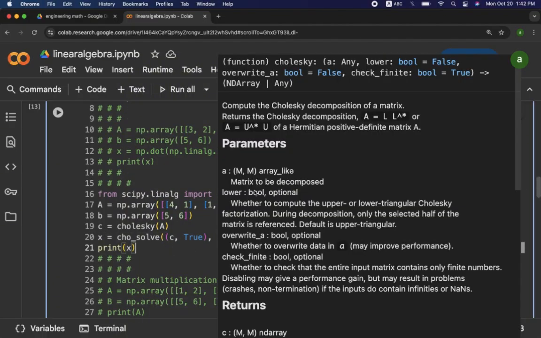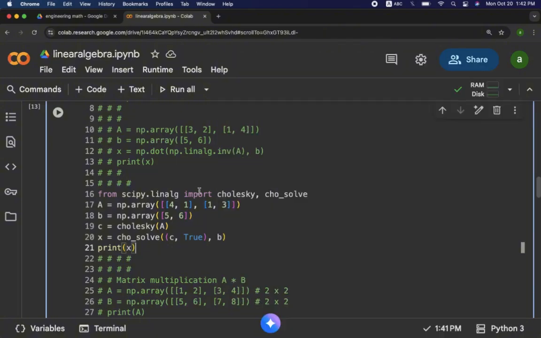Like in statistics, the variance-covariance matrix, we might need to decompose it because, let's say, we want to simulate these random distributions. So in those kinds of situations, a commonly encountered problem is to decompose a variance-covariance matrix. And one of the techniques that is used is the Cholesky decomposition.